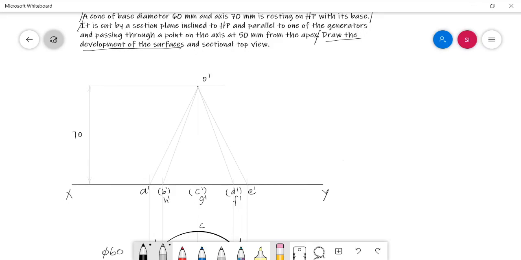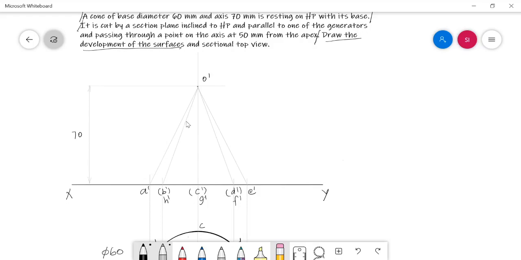So the cutting plane is going to be parallel to any one of the generators. In this kind of problem, we can consider the extreme generator, this one or that one, or the interior generator, this one or that one. But we should not select the center generator because it is not inclined to HP in the front view.